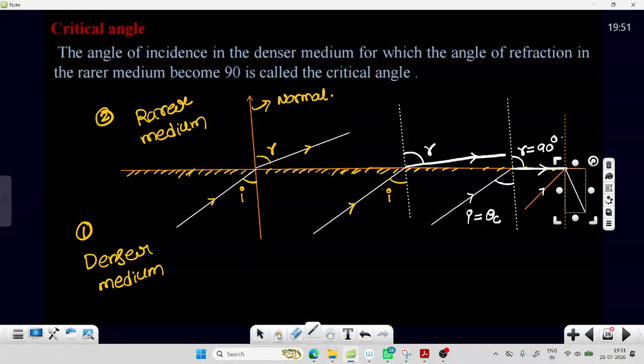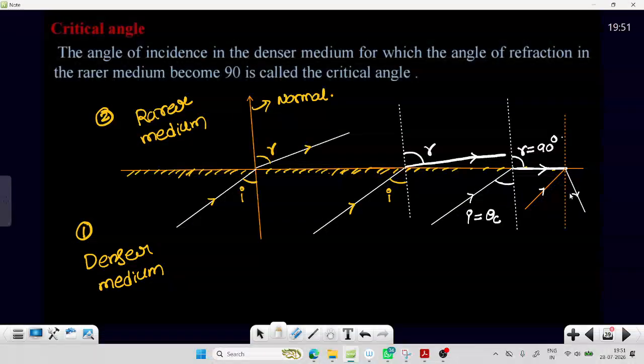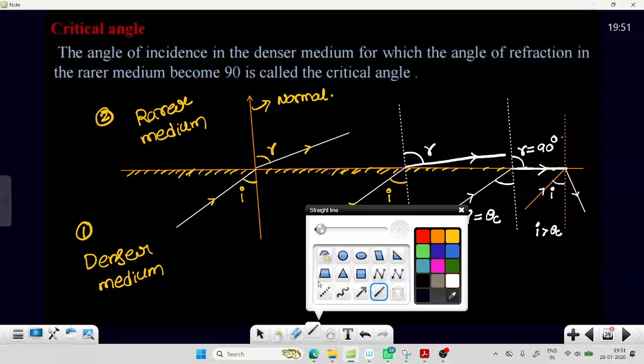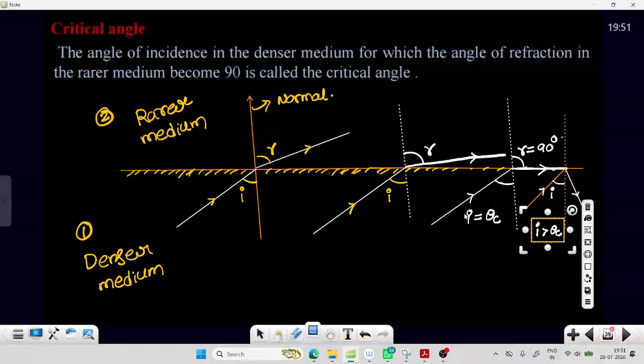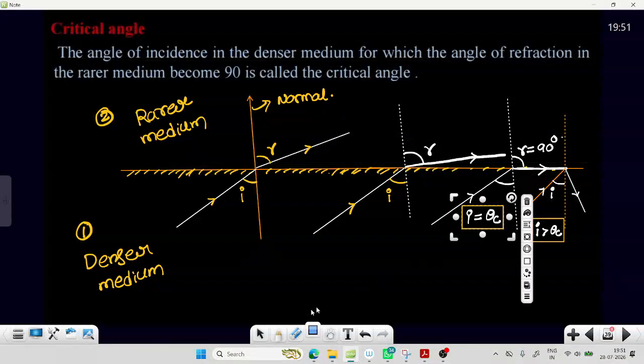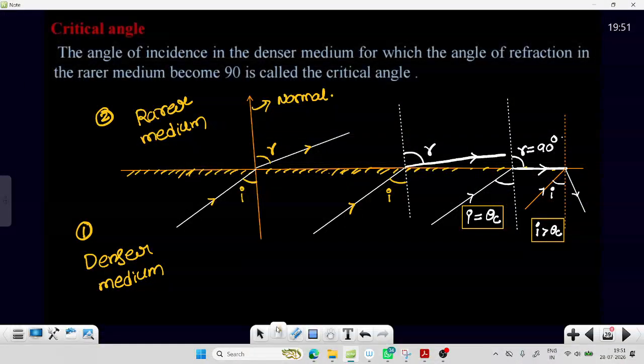It does not go to the other medium. This is the I here. In this case, this I is greater than theta c. You need to understand here. When I is equal to theta c, the light ray lies just on the surface. If I is greater than theta c, it will be reflected back into the initial denser medium.